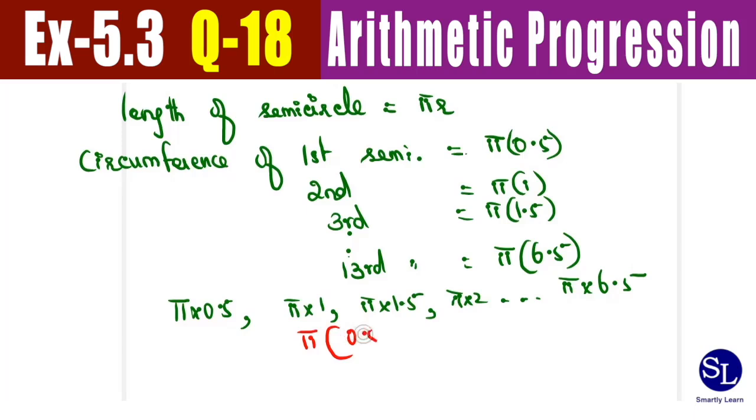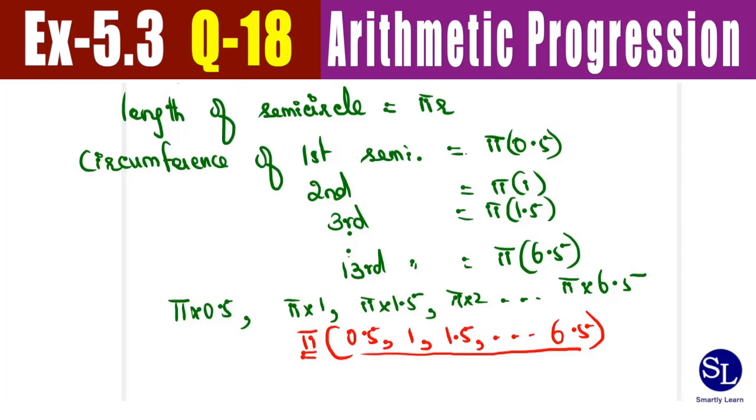The series will become 0.5, 1, 1.5 and so on up to 6.5. Now you see this section looks like an AP. If we find the sum of this, all we need to do is multiply by pi to get the overall length of the spiral.